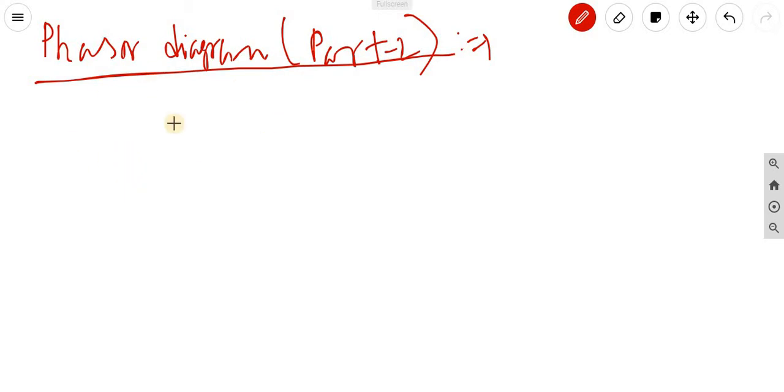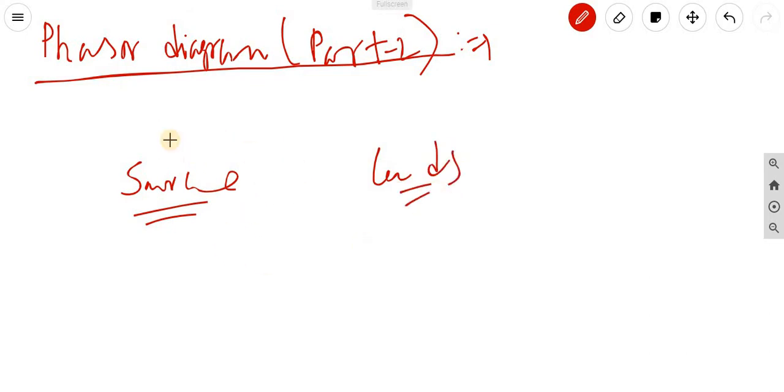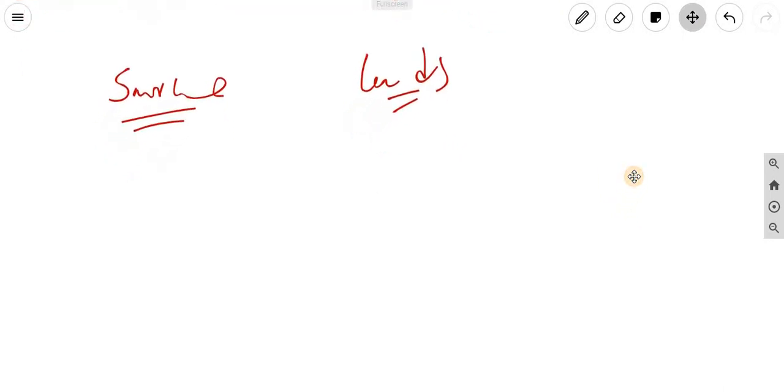In the network, the main thing is the source. A network contains sources and loads. Electrical circuits will contain at least one source and load.